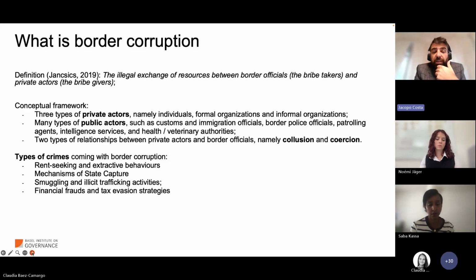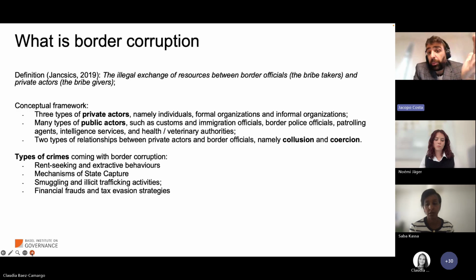He defined border corruption as the illegal exchange of resources between border officials, the bribe takers on one side, and private actors, the bribe givers on the other. This kind of exchange happens in border spaces, which can be border checkpoints or green borders, like the land border separating, for example, two countries.